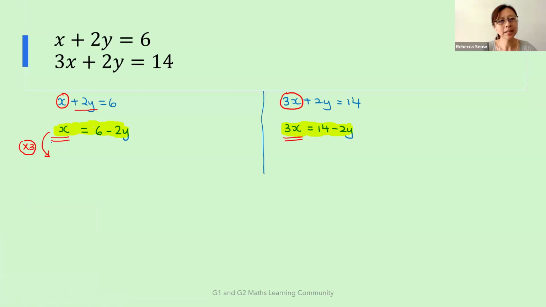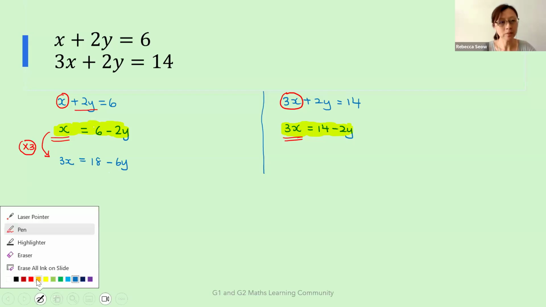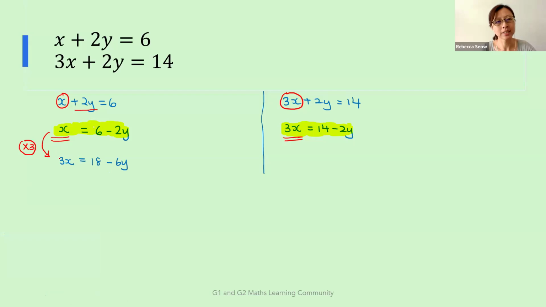So when I multiply the whole equation by 3, 3 times x, I get 3x. 3 times 6, I get 18. 3 multiplied by negative 2y, I get negative 6y. Now at this point, what do you notice? The left-hand side of both equations is 3x.